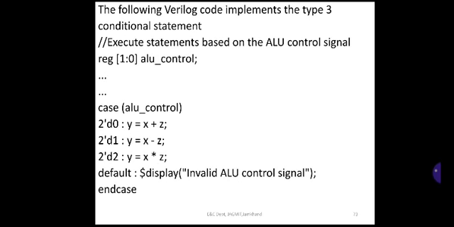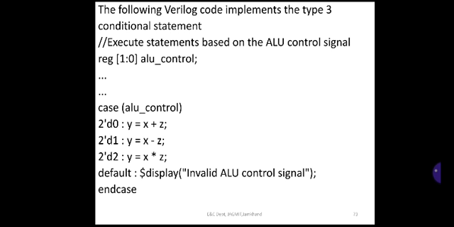The example that we discussed earlier for the type 3 conditional statement, if else if, the same example we are going to discuss here for the case statement. That is, execute statements based on the ALU control signal.